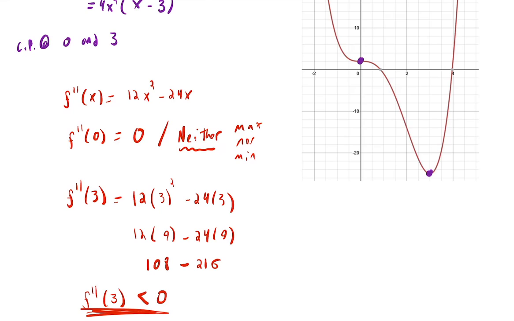What that tells us is, remember, we know that at x equals 3, we have a horizontal tangent line. What the second derivative just told us is that our function is concave up at that point, so we must have a minimum because the second derivative at 3 is less than 0, and we can see that here.